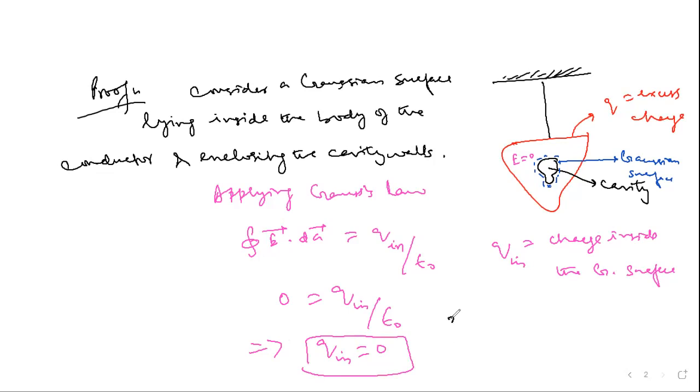That is, there is no charge inside the Gaussian surface, right?